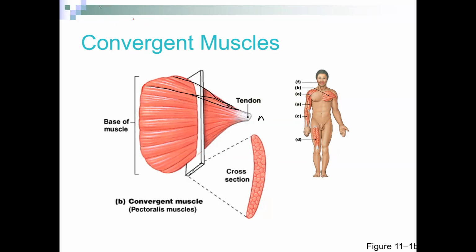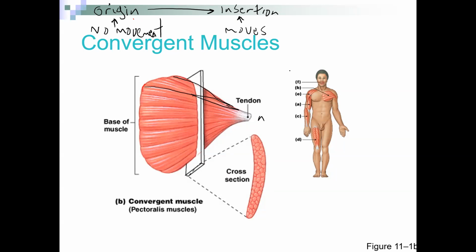The bone that does not move is called the origin. So that bone doesn't move. And the bone that moves when the muscle contracts is called the insertion. And that is how, of course, you move your body part.